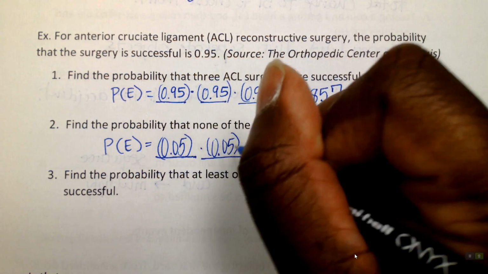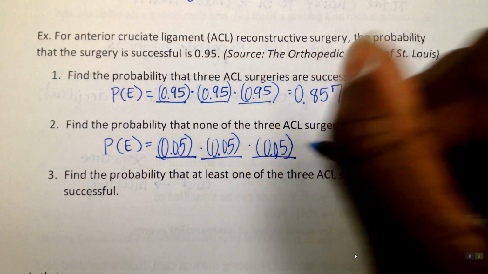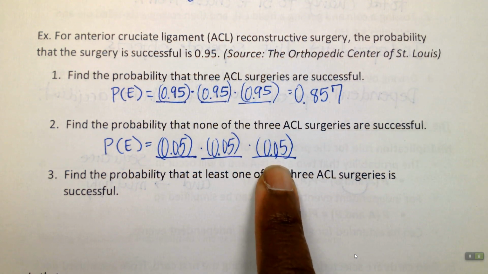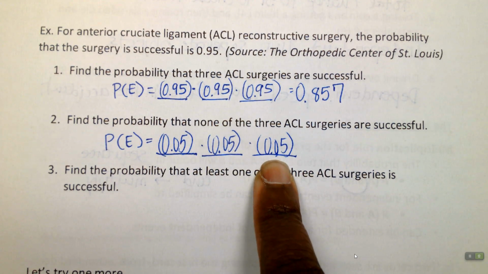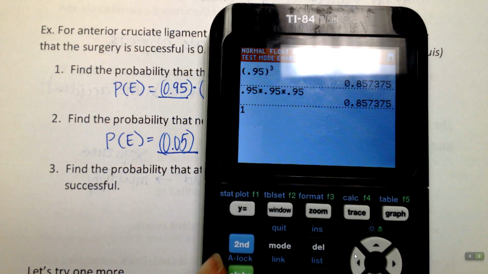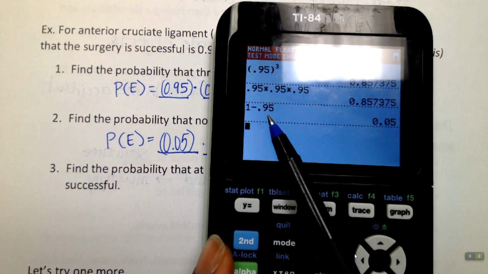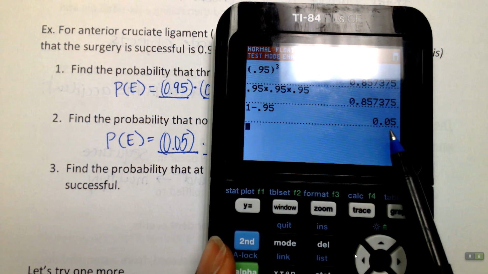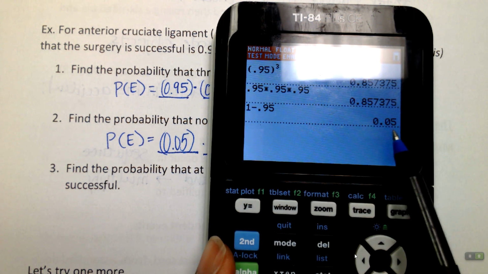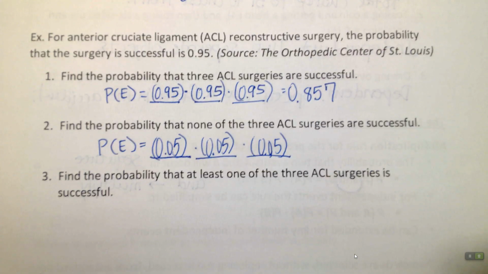So no success for the first, no success for the second, no success for the third. How do we get this 0.05? 1 minus 0.95. What a complement. So this is success. This is not success. This is success. That's not success. Good.